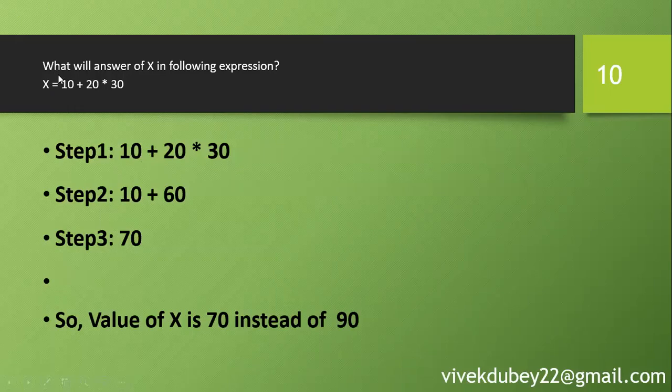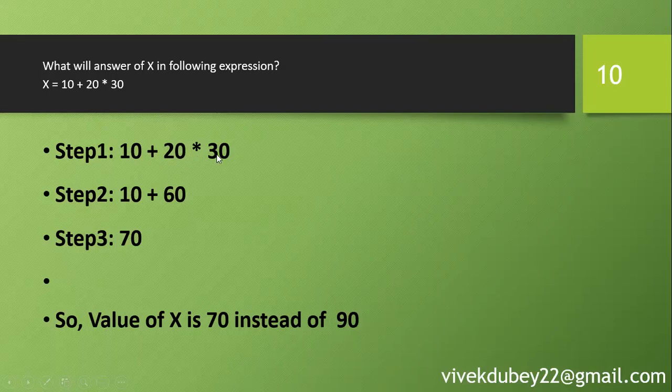Now, what will be the answer of x in the following expression? Here is a mixed mode expression, mixed mode in the sense that more than one level of operators is there. Here 10 + 20 multiplied by 30. Which operation will execute first? Here multiplication has more precedence than plus, so multiplication will be done first and then addition.